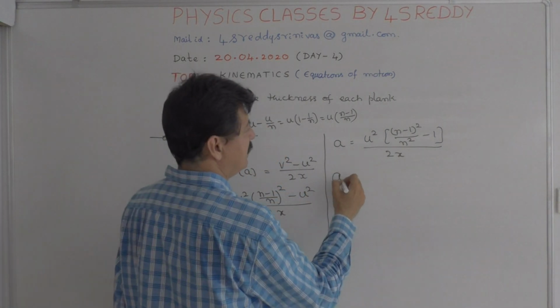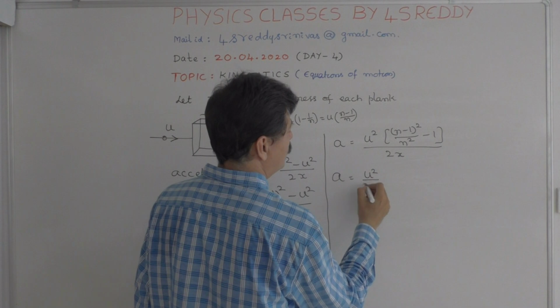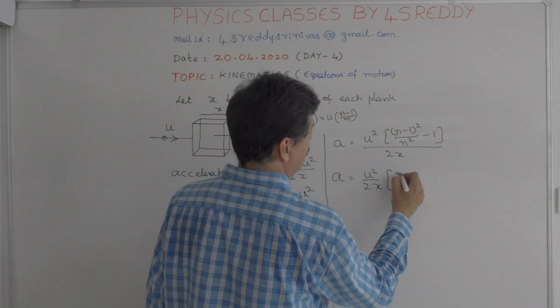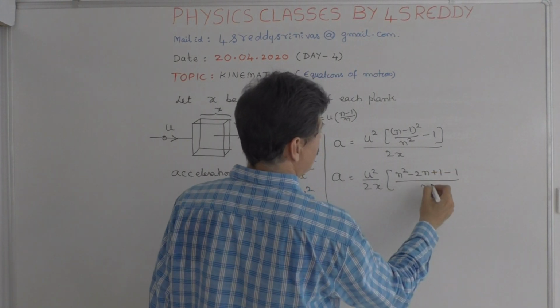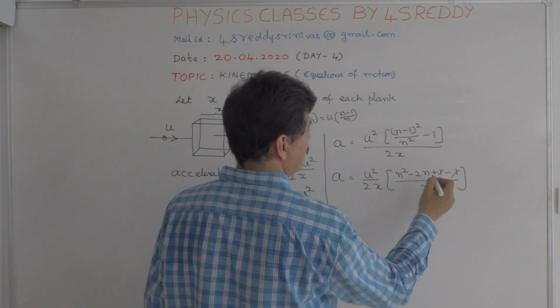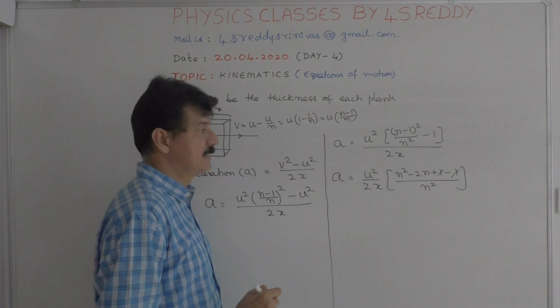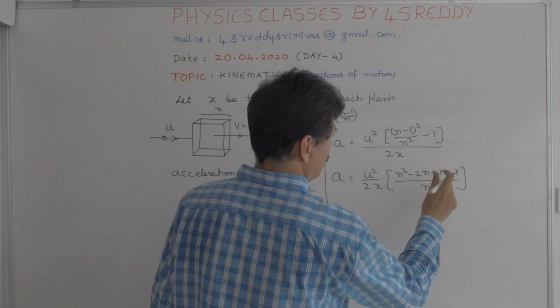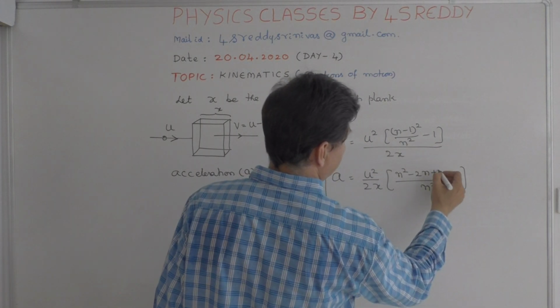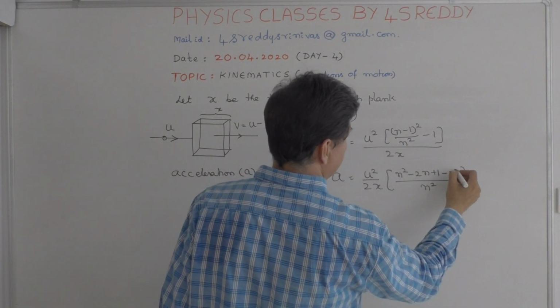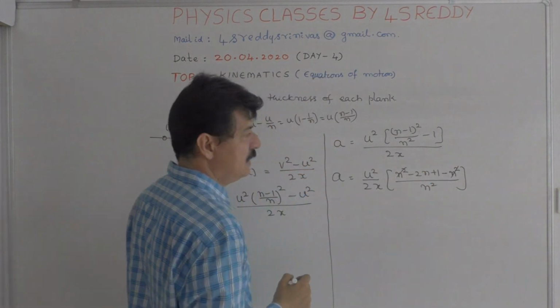Or A is equal to u square by 2x into (n square minus 2n plus 1 by n square minus 1). Plus 1 minus 1 cancelled. Therefore here, this is plus 2n minus 1 minus n square. This n square cancels.